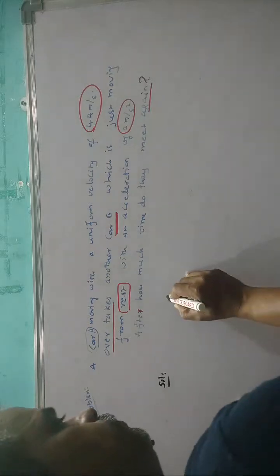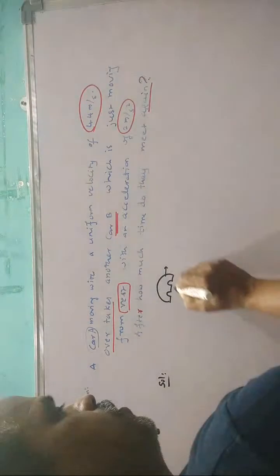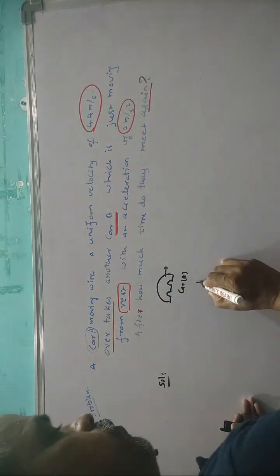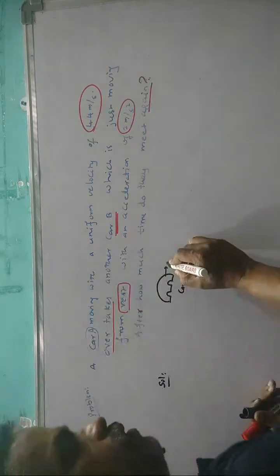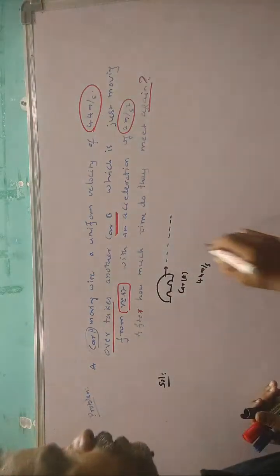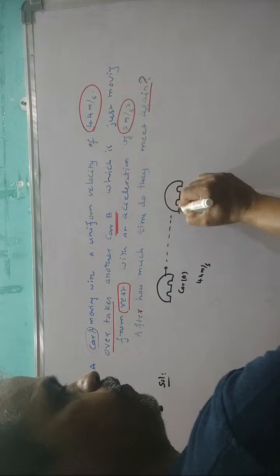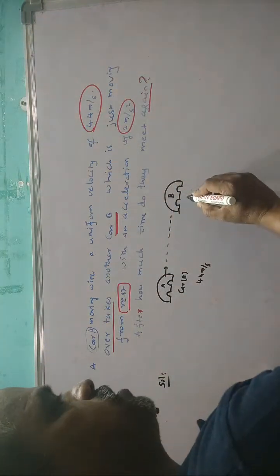See, for solution, car A, for example, this is car A moving with 44 meter per second, overtakes another car B. This is car A, car B, which is just moving from the rest.